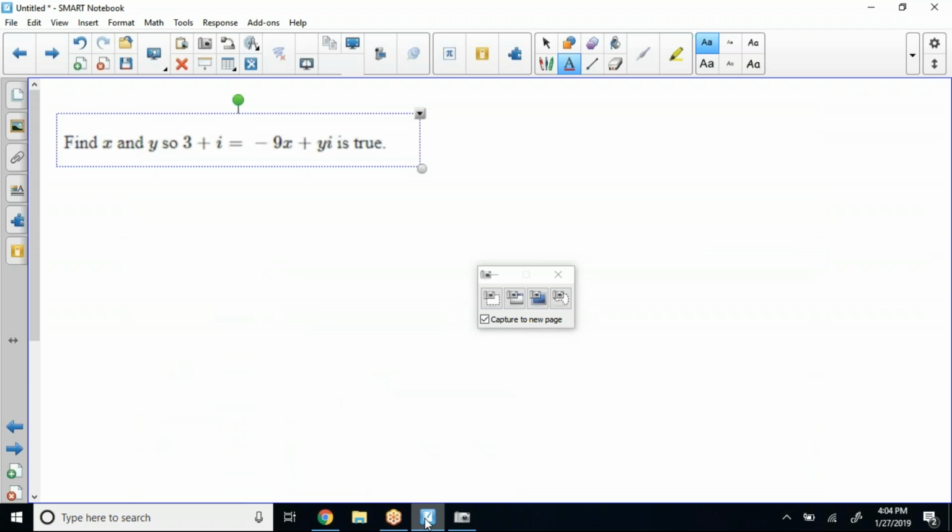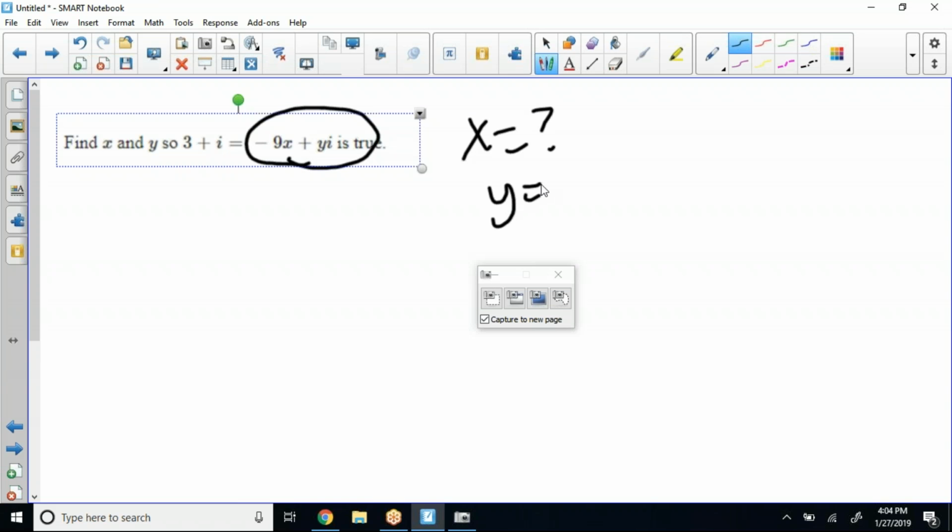So we need to make this statement right here true. We need to find out what X equals and then what Y equals. So if I have -9 times what would equal 3? What times -9 gives you +3?